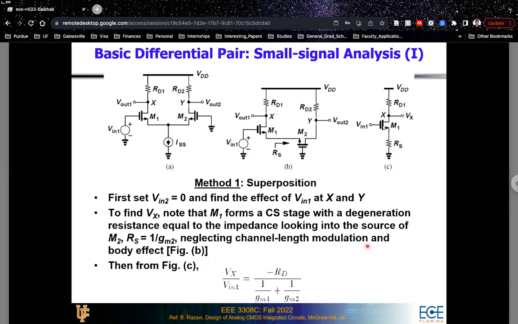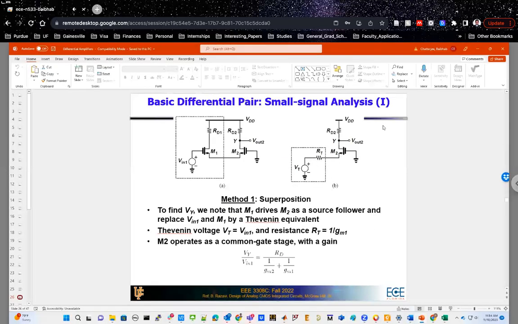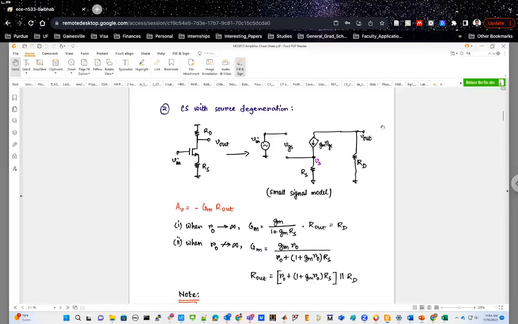Now, if you neglect channel length modulation and body effect, then we already know how to analyze this common source stage with source degeneration. If we go back to something that we had discussed before, for the common source stage with source degeneration, you have your gain equal to minus capital GM times capital R out, where capital GM equals GM divided by 1 plus GM RS, and R out equals RD. Of course, your overall voltage gain will be minus GM RD divided by 1 plus GM RS.